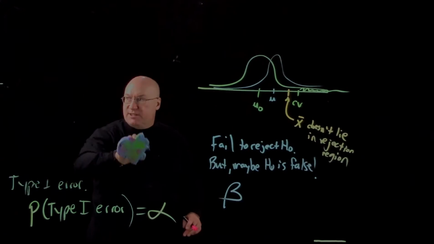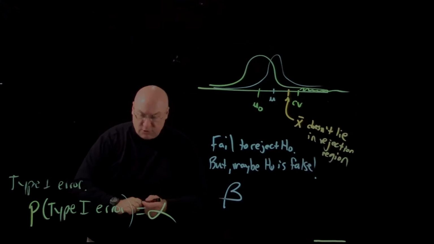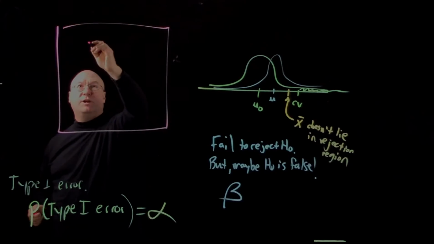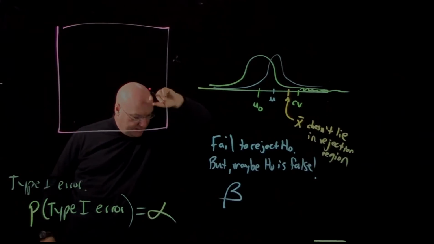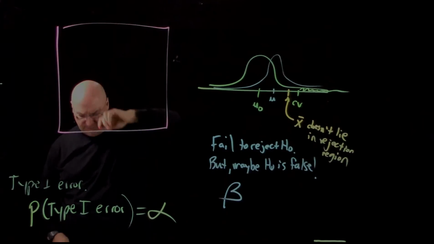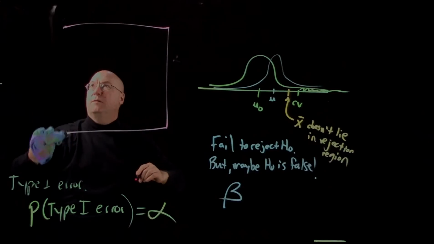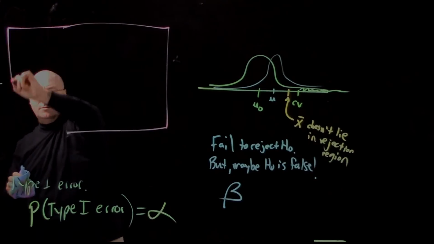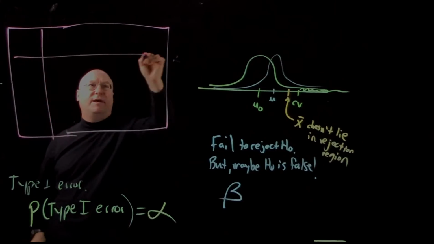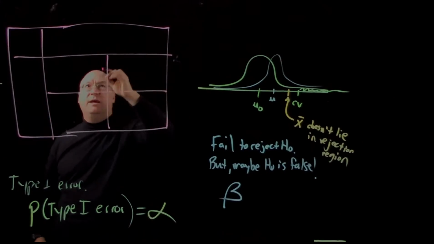And off to the left, it says what our test is telling us to do: to reject H naught or fail to reject. So we have over here, let me make it a little bit bigger. All right, so I have this and I have that.